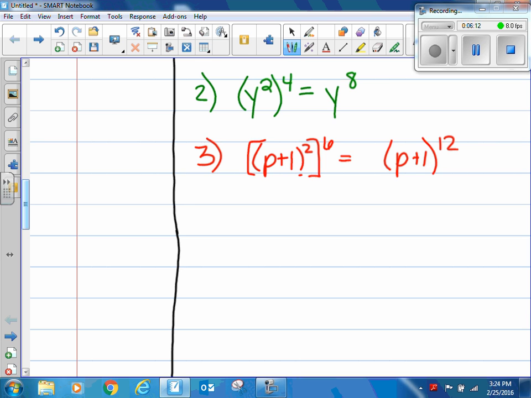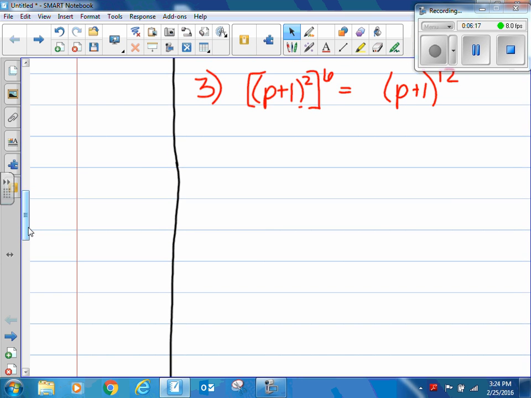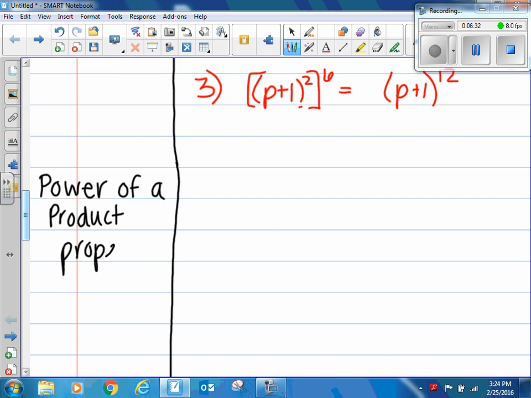All right, the last one that we're going to look at today, before we do some practice, is the power of a product property. And we know what product means, right? When you hear the word product, you should think to multiply.